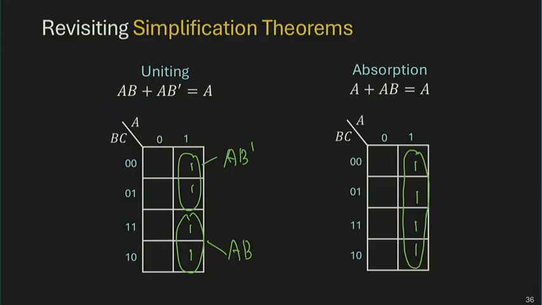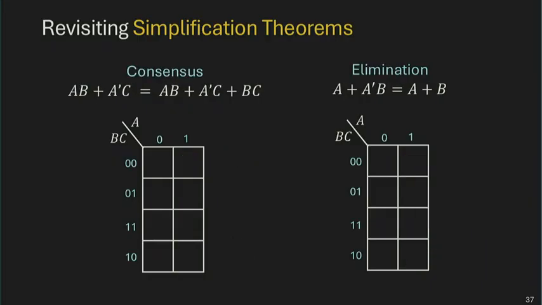AB is a smaller part of the column, and this AB is redundant. It's already fully covered by A. Therefore, I tend to call A the larger product term because it covers more ones. The larger product term has fewer literals, which translates into a more optimal gate.